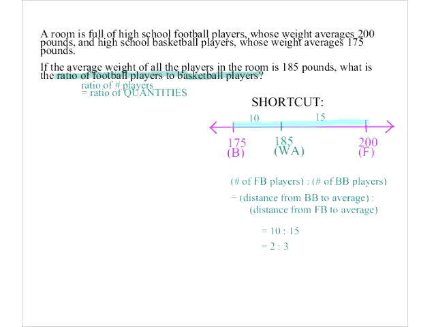Notice also that if you have an intuition-based approach, you can also just realize that there have to be more basketball players because, let me go ahead and write this in the corner of the screen. Intuition-based approach. Yeah, if you think this is simple now, just wait until you see data sufficiency.